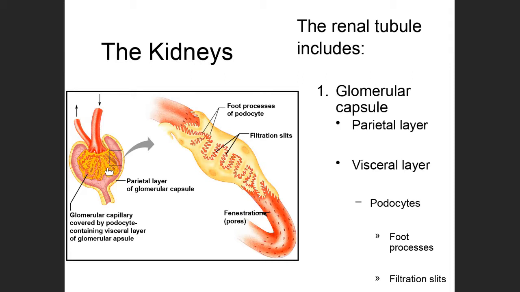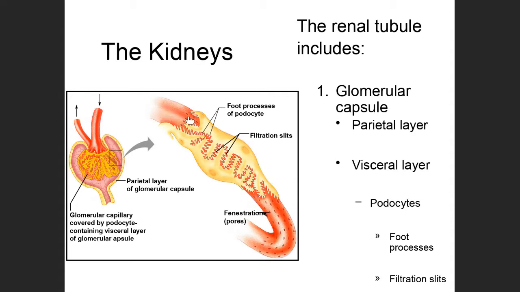I want to talk a little bit about the structure of this visceral layer of the glomerular capsule, again, because it's important to your understanding of how the kidneys work to filter the blood. So if we were to take just one little segment of this glomerulus, this capillary knot, and magnify it much more highly, what we would see is a structure that looks like this.